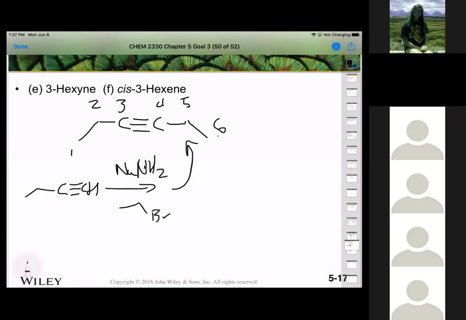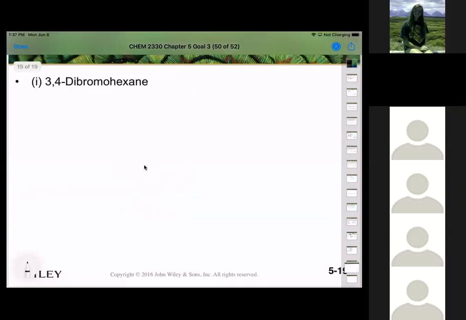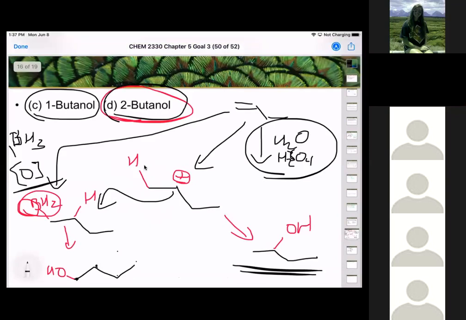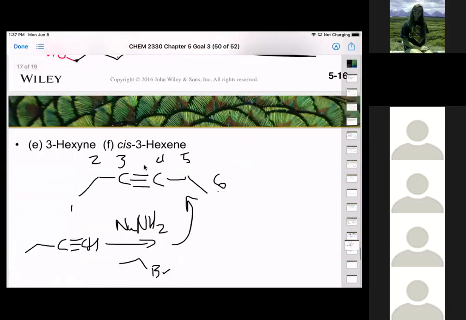What if we wanted to start with acetylene? Then we just do the same reaction, but we do it twice. Sorry, somehow shifted pages here.